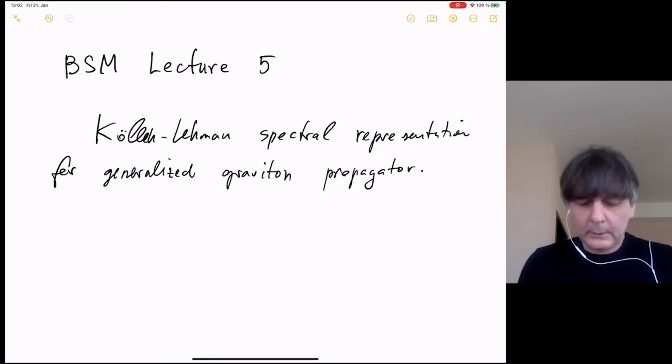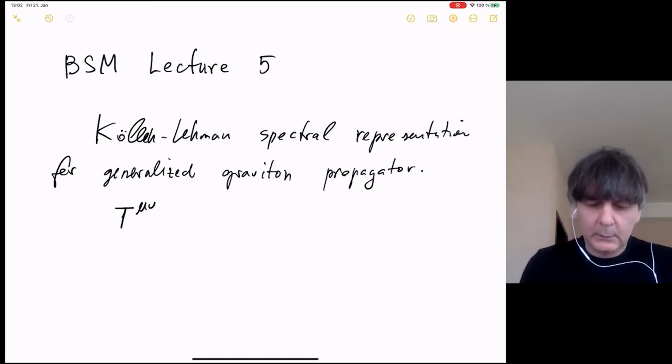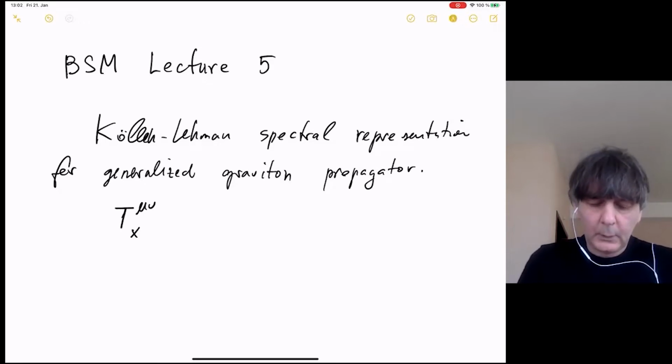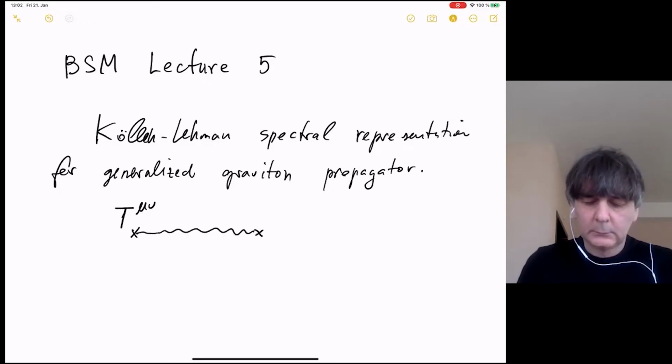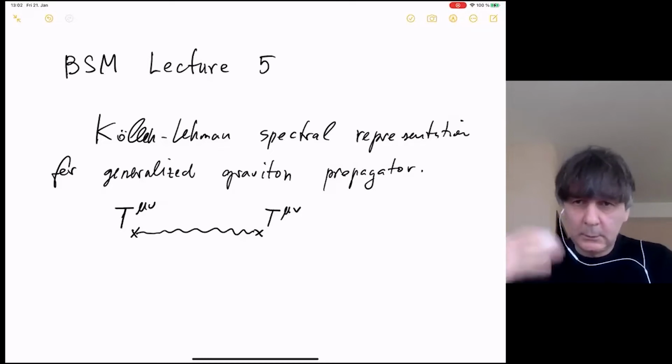In other words, we define gravity as anything that mediates exchange between energy momentum tensors. So this doesn't have to be the Einstein graviton.